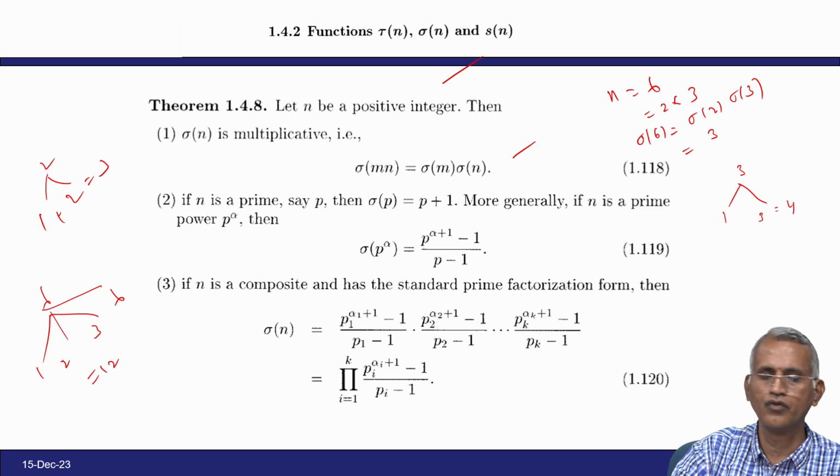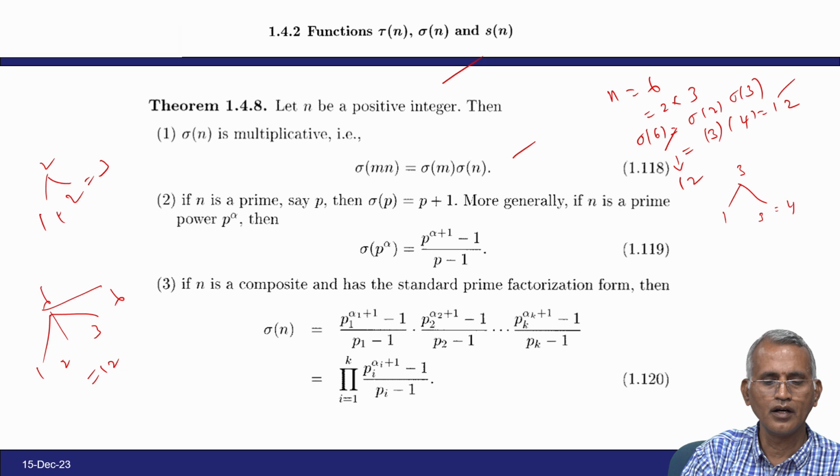If you add, it becomes 4. So, it becomes 3 into 4, which is equal to 12, and 6 also has 12. So, we have sigma of 6 equal to 12 and sigma 2 into sigma 3 is 12, therefore, it satisfies. So, like that we have to do for any positive integer n, it works.